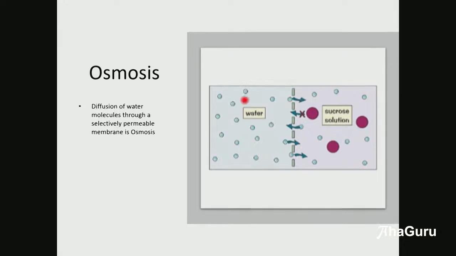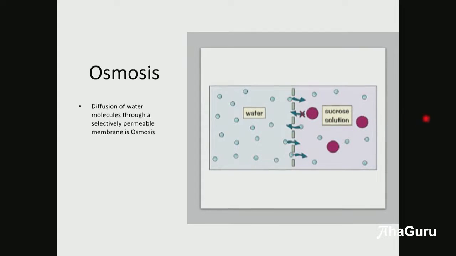Now what would happen to water? Compartment A is pure water, with a lot of water molecules, and the concentration of water in the sucrose solution is lesser, right? Because there are more sucrose molecules and fewer water molecules.